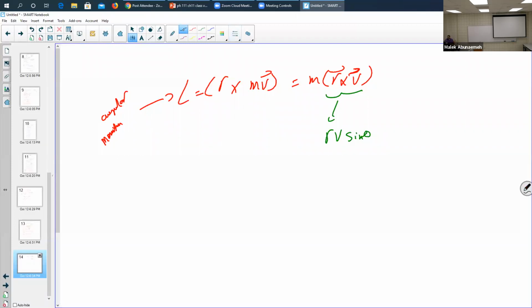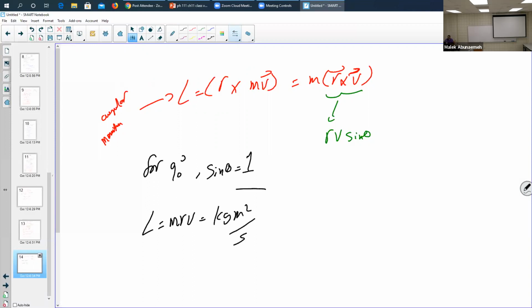For 90 degrees, sine theta is going to equal 1. That means L equals mrv, which is kilograms meter squared per second, the unit for angular momentum.